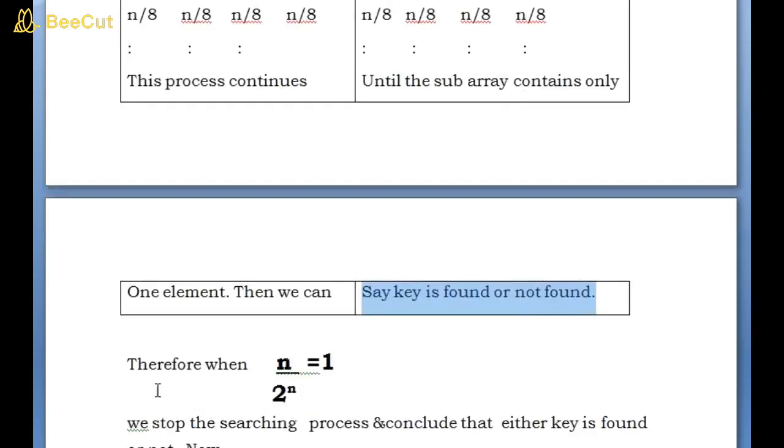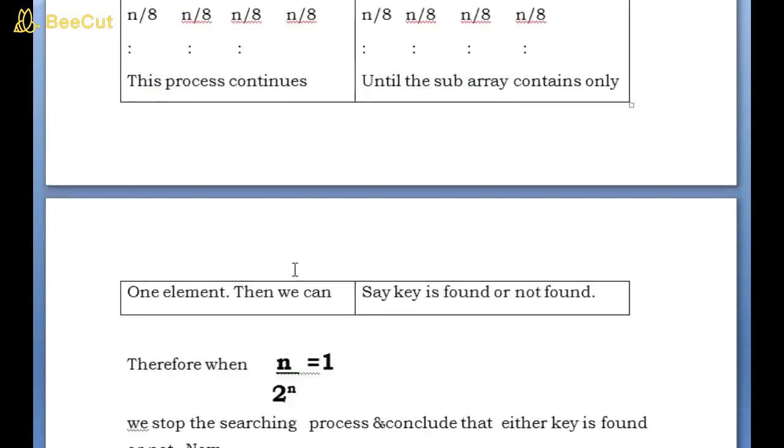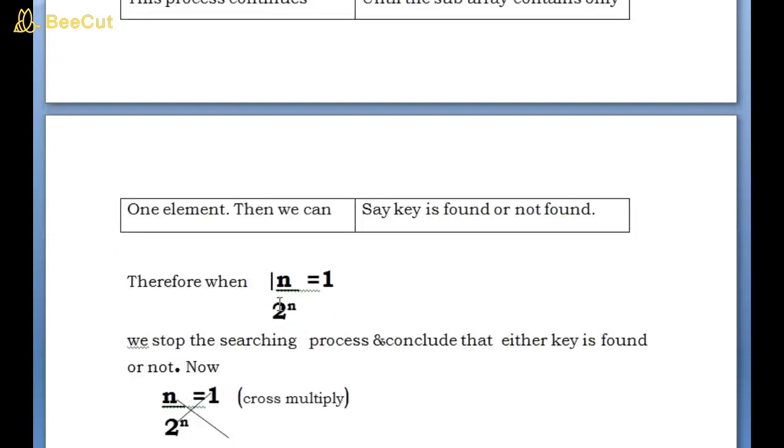So the conclusion, the generalized solution, is n by 2 power n. Here n is first divided into n by 2, then n by 2 is divided into n by 4, n by 4 is divided into n by 8, n by 8 is divided into n by 16, like that. That means n elements are partitioned into 2 power n parts, so each part contains n by 2 power n values.